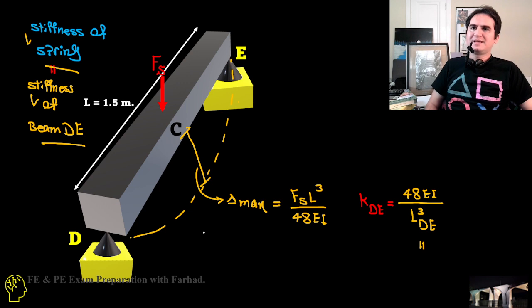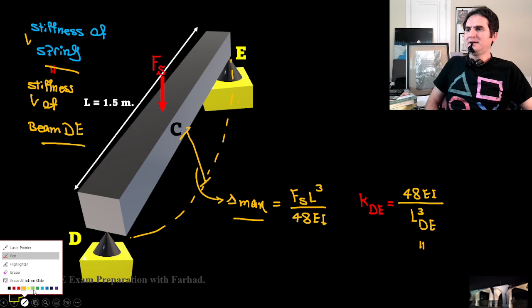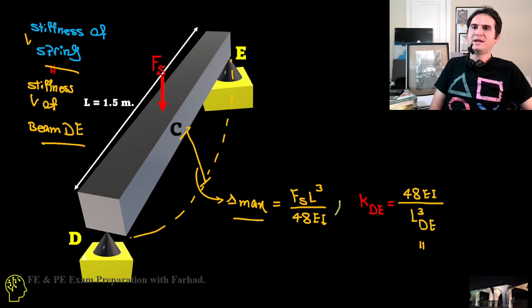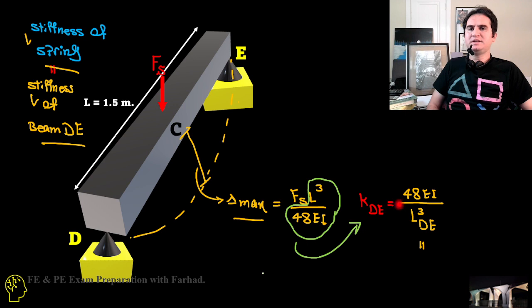So if delta maximum for beam DE is PL cubed over 48 EI, one can easily say the stiffness K for beam DE is just 48 EI over L_DE cubed.